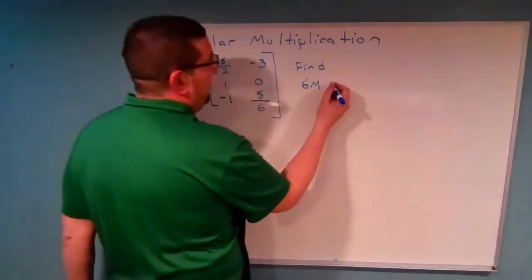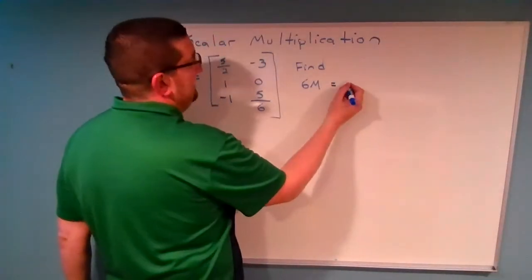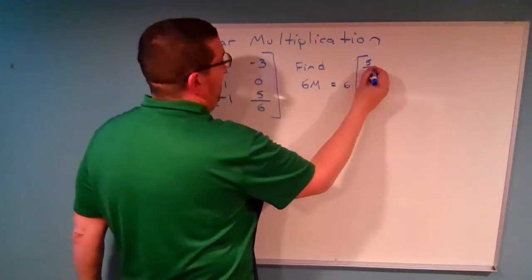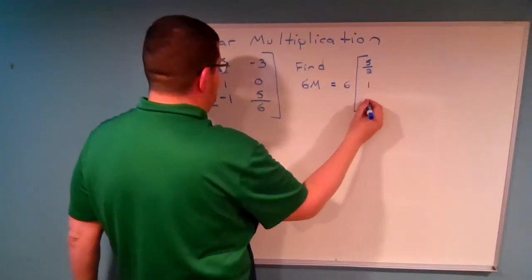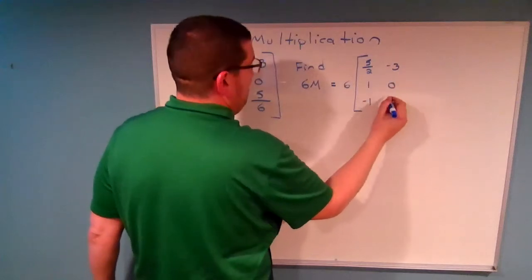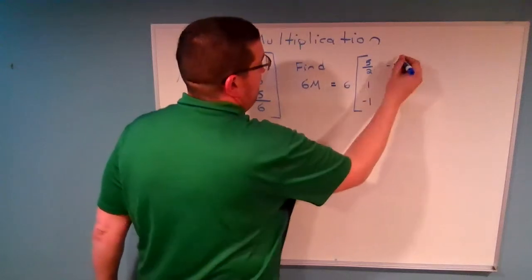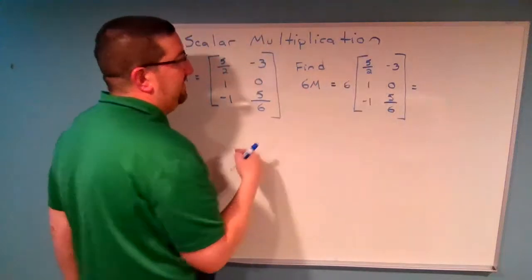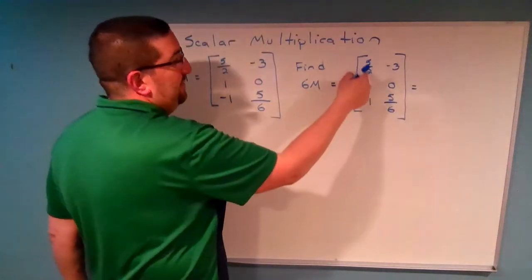So what they want us to do is take 6 and multiply everything in the matrix by 6. Okay. So 6 times 5 halves. So that'd be 6 over 1 times 5 over 2.